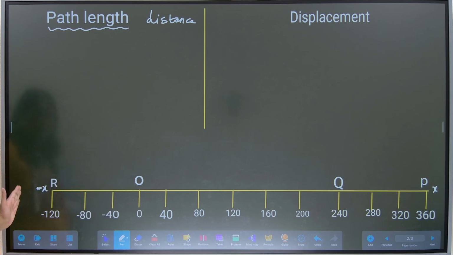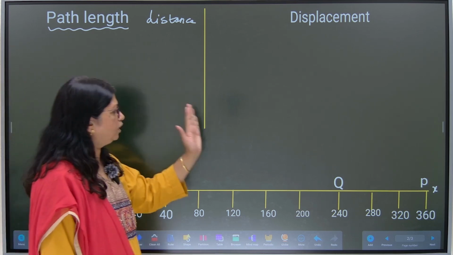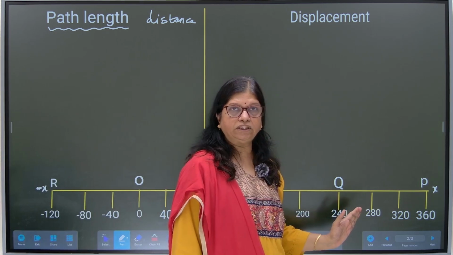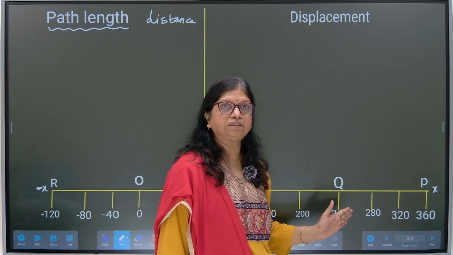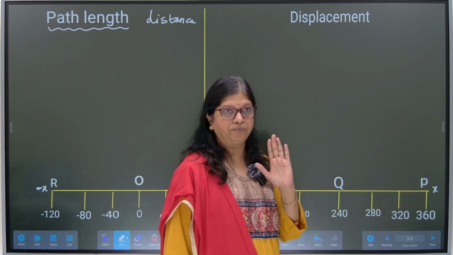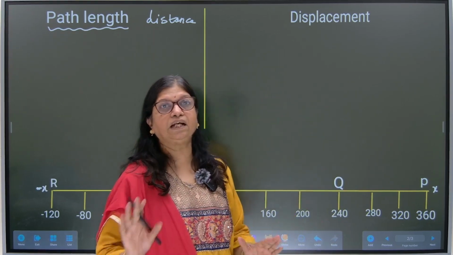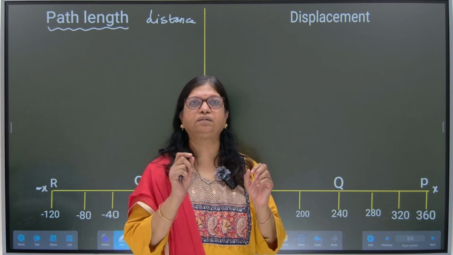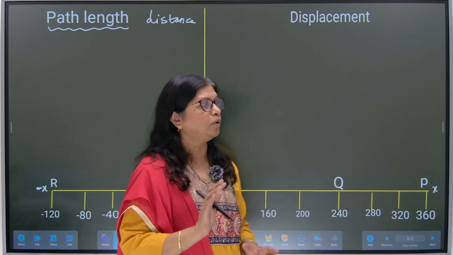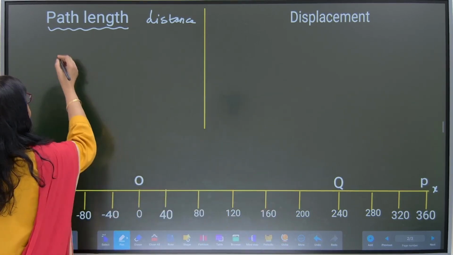This side of the origin is the negative x-axis, and that side is the positive x-axis, where we have considered the positions Q and P. Now, let us consider a car or a bus or any other object traveling from O to P.